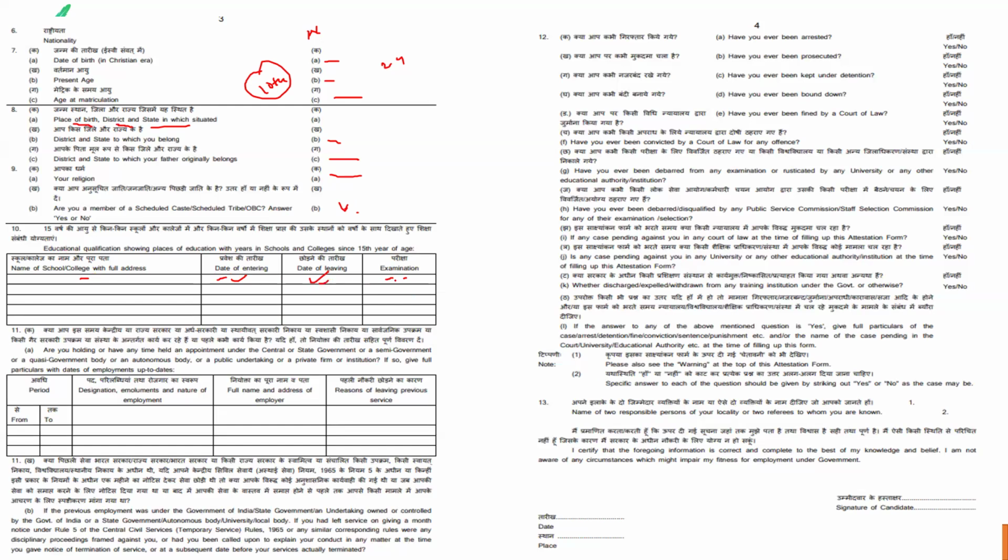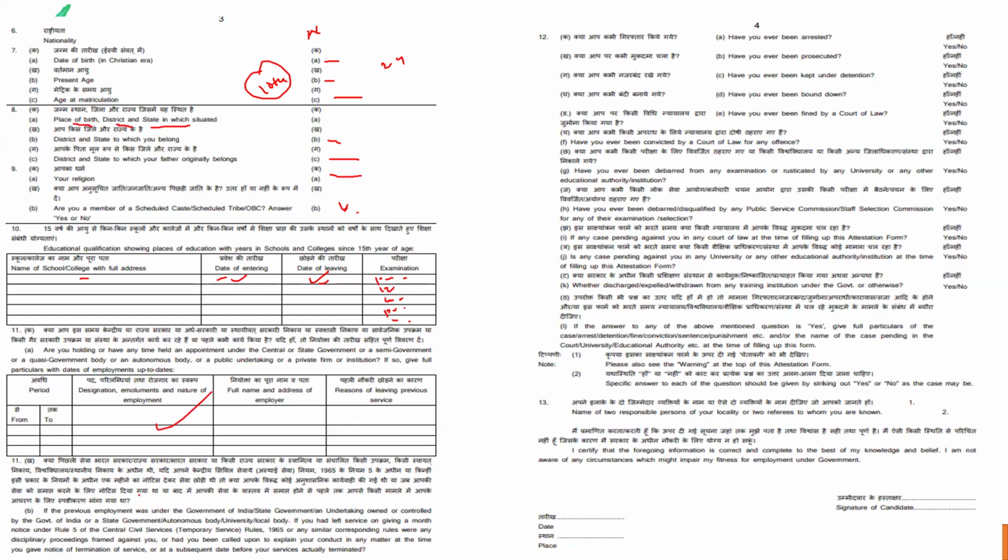Then examination means, let us take 10th, 12th, graduation, post graduation, or any extra. Then, are you holding or have you at any time held an appointment under the central or a state government or semi-government or quasi-government body or an autonomous body or a public undertaking or a private firm or institution? If so, give full particulars with date. If you have any employment, you should write here.